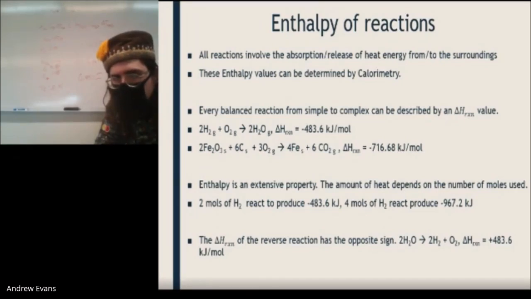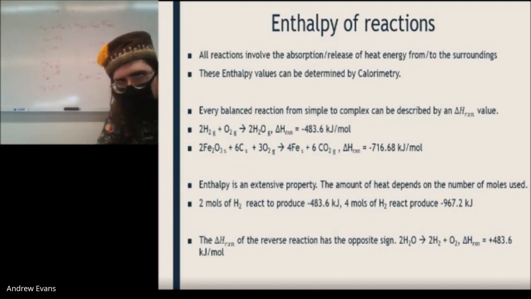But every balanced reaction, whether it's a simple reaction or a complex reaction, can be described with a delta H, or enthalpy of reaction value, delta H reaction. So if I burn hydrogen and oxygen gas to make water, I would get negative 483.6 kilojoules per reaction. I would get that much energy every time I run 1 mole of this reaction.